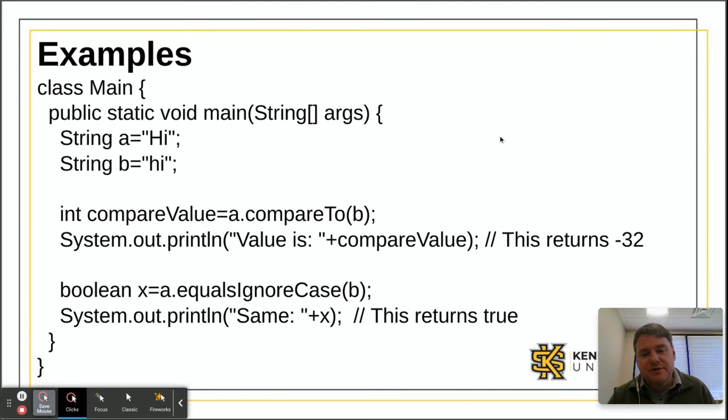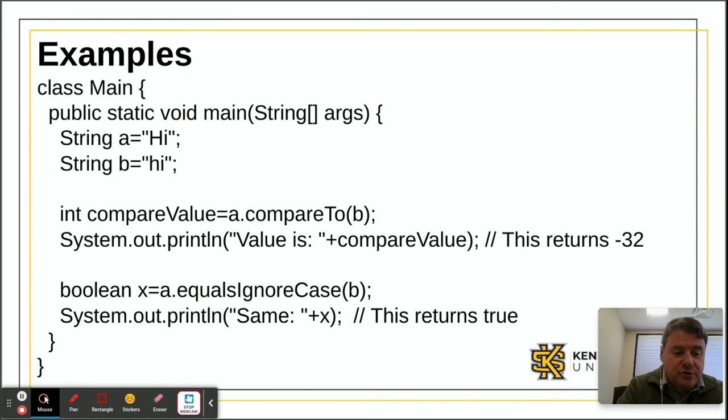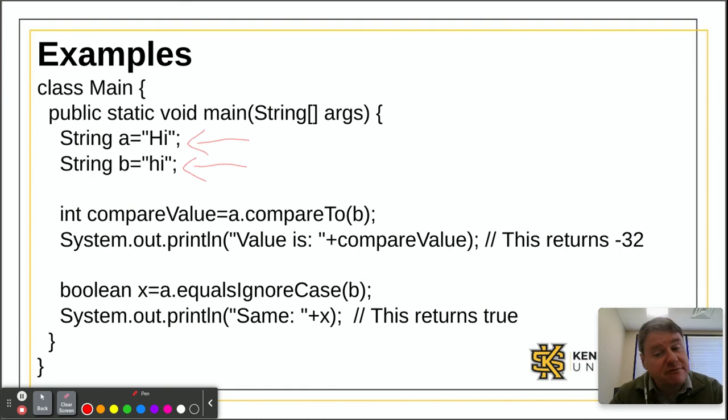There we go. Okay, so next up we have an example here where we have string A is equal to Hi with a capital H, and then string B is equal to hi with a lowercase h. What's going on here is we're defining two strings. One of them is called A, one of them is called B, and they have similar but not the same string. So now we're going to use that compareTo method.